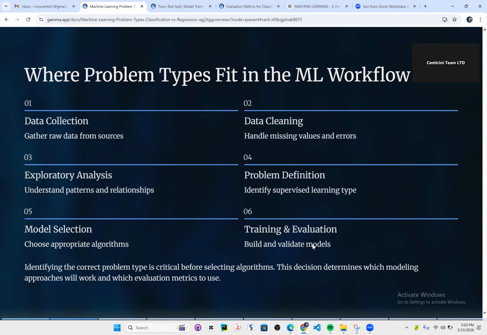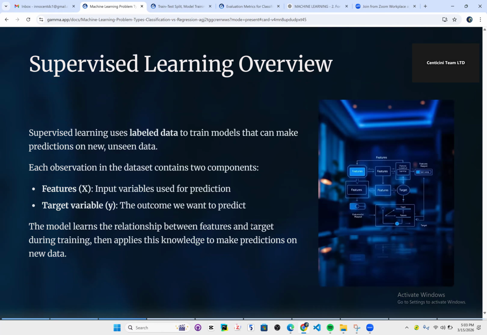So this is what the machine learning workflow basically entails, and identifying the correct problem type is critical before selecting algorithms. This is the decision that will determine which modeling approach will work and which metrics to use.